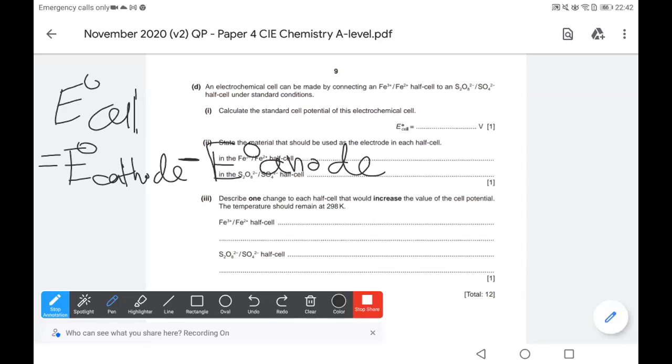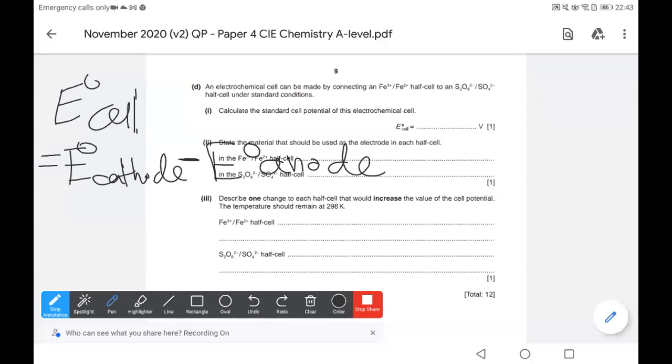The one with lesser electrode potential is the anode. Then you have to use this equation: E naught cell equals E naught cathode minus E naught anode. The one with higher electrode potential is cathode, the other one is anode.